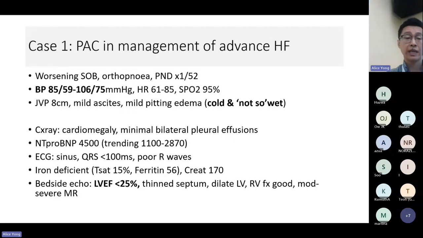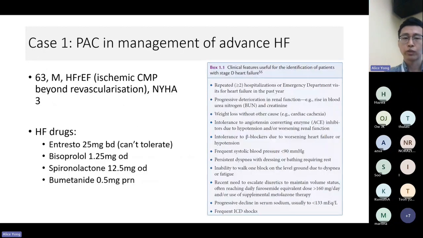NT-proBNP is high, the patient is hemodynamically quite congested, and the EF is 25%. So we're dealing with a patient who has chronic heart failure, slowly sliding down, already admitted 1 time, and the EF is low. So we can classify this group of patients as having advanced heart failure.